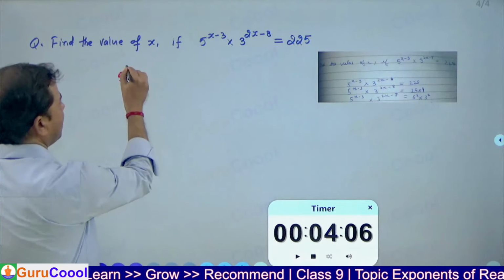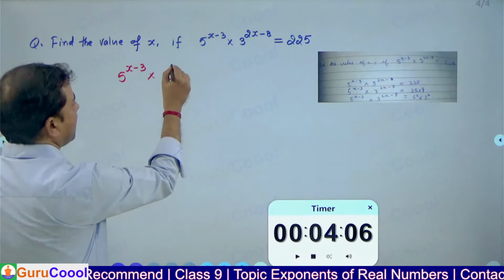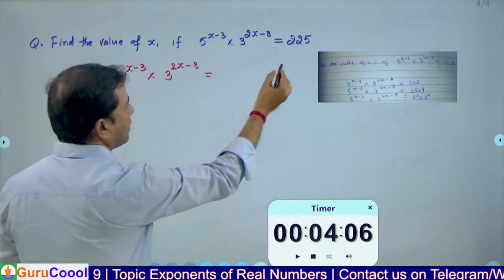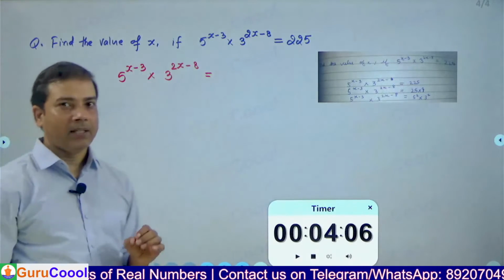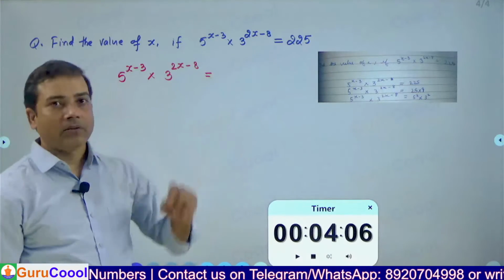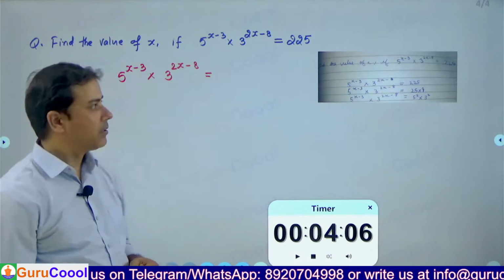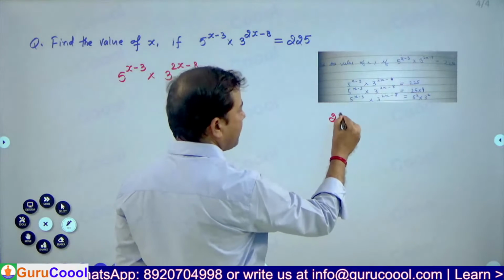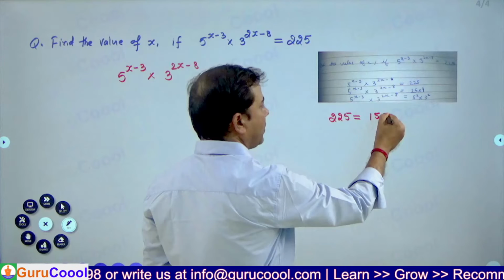5 raised to the power x minus 3 times 3 raised to the power 2x minus 8 is equal to 225. In such a question we should try to factorize the bigger number, always in terms of prime factors. If we do prime factorization for 225, I hope you remember 225 is nothing but 15 into 15.